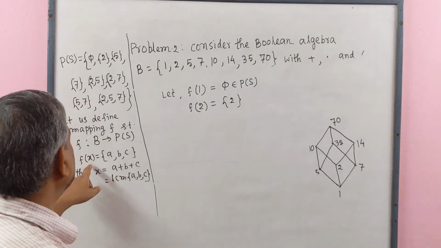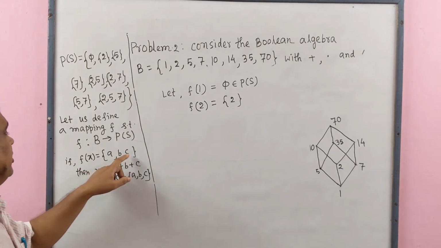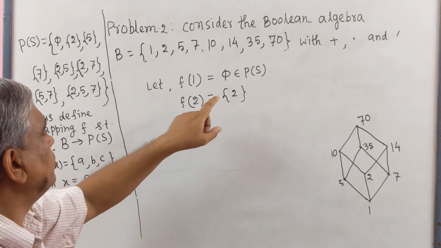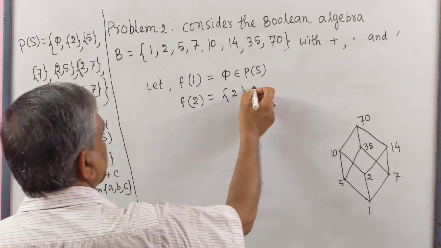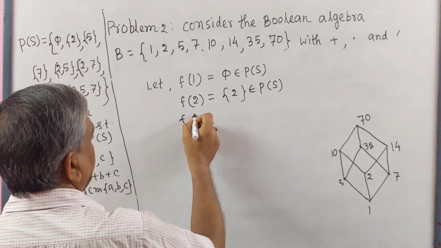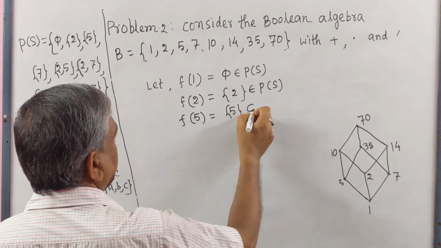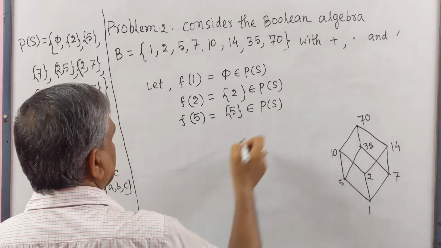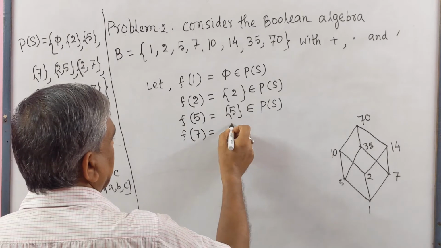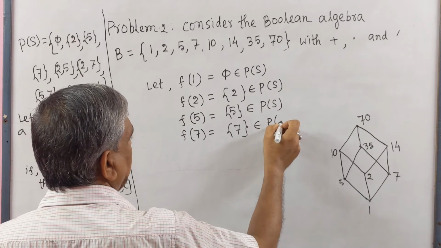Here we have seen that Fx equal to the set containing elements A, B, C, then X equal to A plus B plus C. Here 2 equal to 2. This belongs to PS. F5 equal to set containing element 5, that belongs to PS. F7 equal to set containing element 7, belongs to PS.